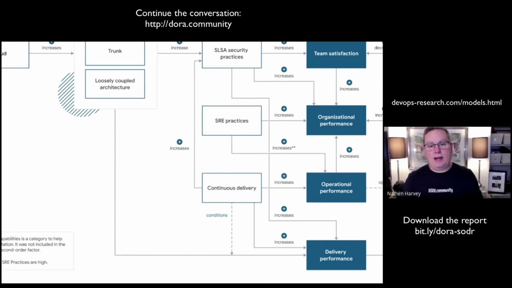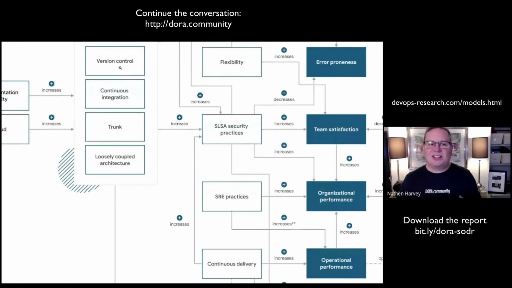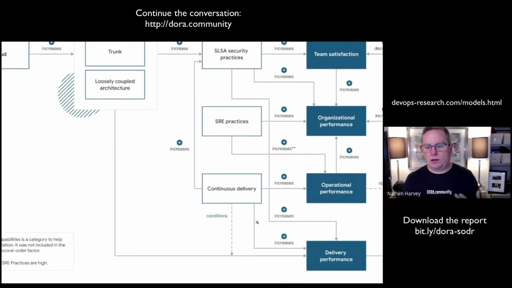Let's try focusing in on, I don't know, continuous delivery as a practice. As we improve continuous delivery, we expect that it is going to improve our delivery performance. We also know that continuous delivery conditions or further supports some of these technical practices like version control and continuous integration, which in turn drive delivery performance.